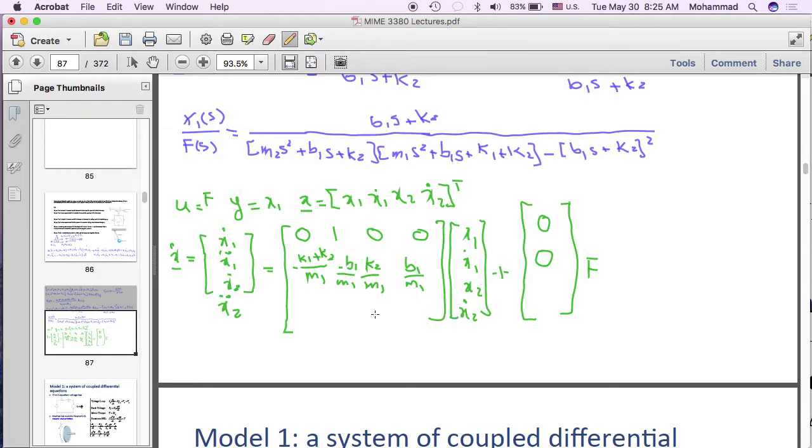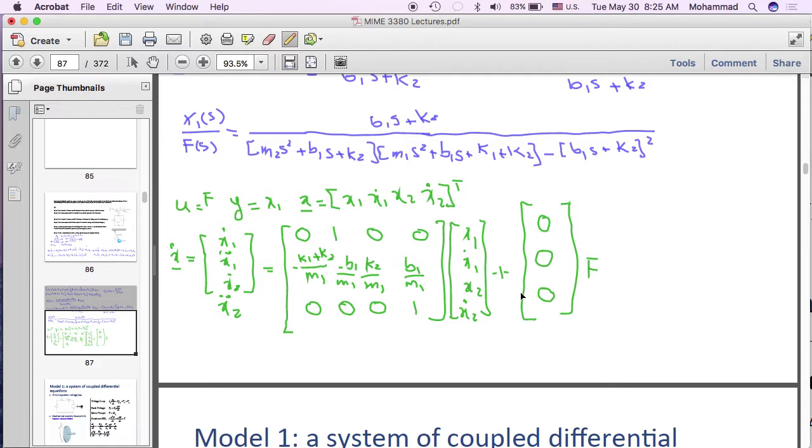So basically what you're saying is X2 dot is equal to 0 times X1 plus 0 times X1 dot plus 0 times X2 plus 1 times X2 dot plus 0 times F. So you can put a 0 here, a 0 here, another 0 here, a 1 here, and of course a 0 here. There is no F otherwise in that equation. So we got the third row. Did we put the 1 and 0s at the right place?